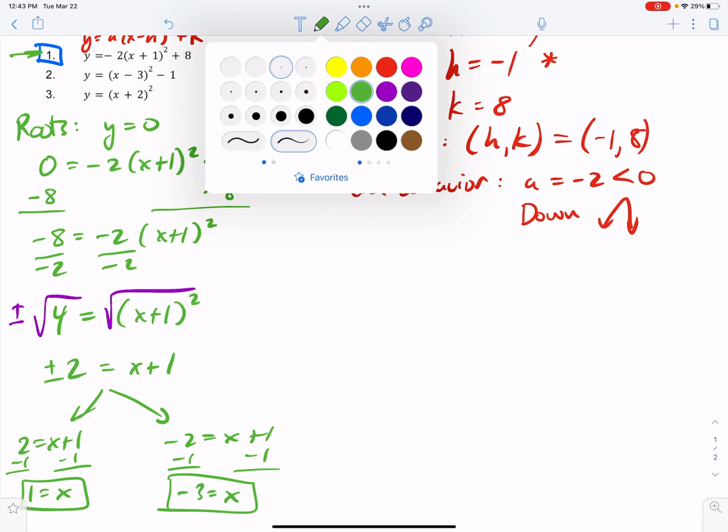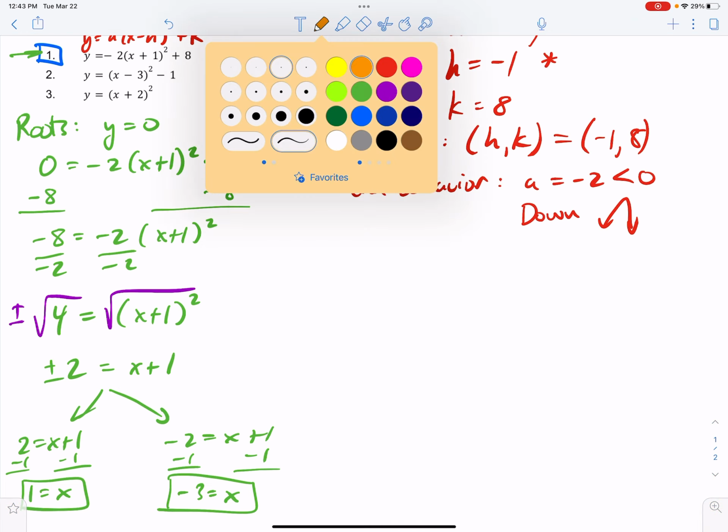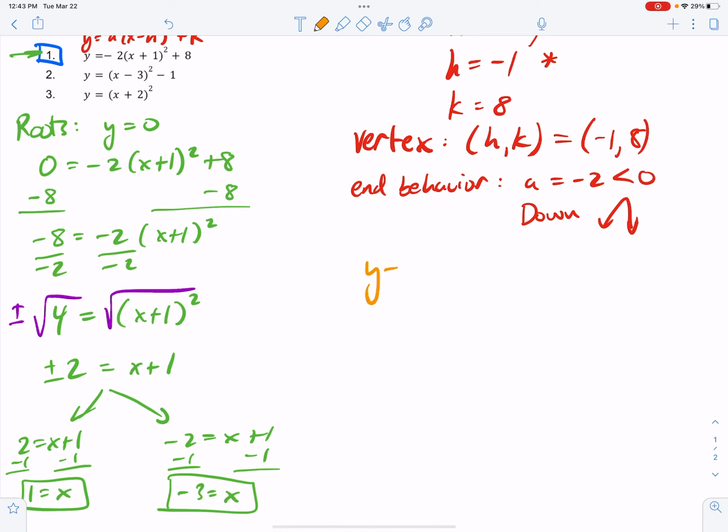Our final portion that we need to consider is the y-intercept. That has to be calculated as well, although it's not as difficult to do as solving for the roots. So for the y-intercept, x is 0. So I'm going to reread problem 1, but I'm going to say 0 in place of x.